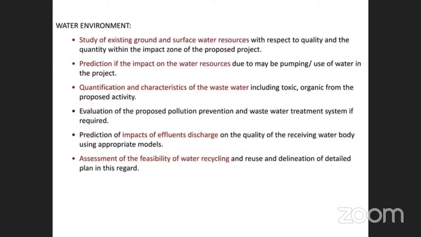And water environment. Study of the existing water resources that may be groundwater. If any water bodies are available, we can provide the data of the surface water bodies, pollution levels, and prediction of the impact on water resources due to the pumping and use of water in the project.